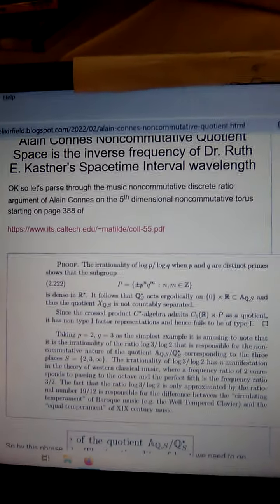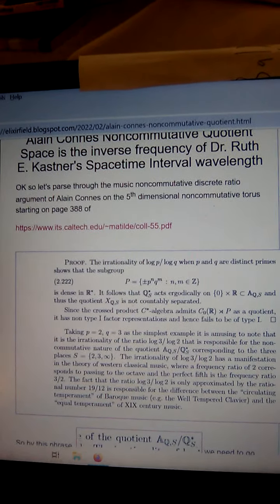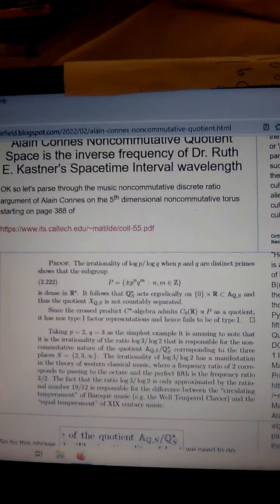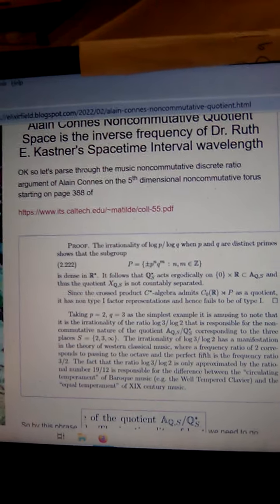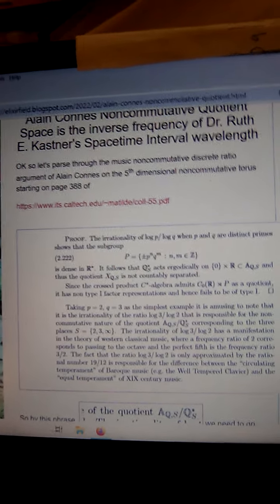And so what I've been doing is comparing that with Alain Connes's use of the fact that the wavelength is now defined by a quantum inverse frequency and no longer by a spatial measurement.